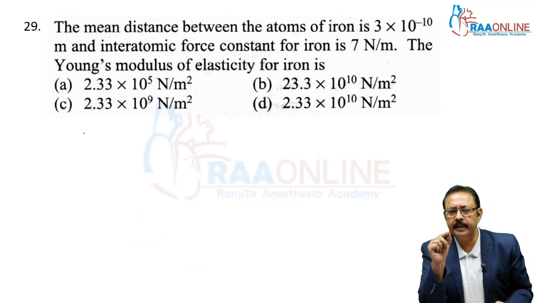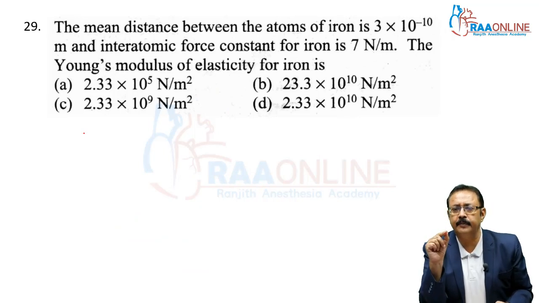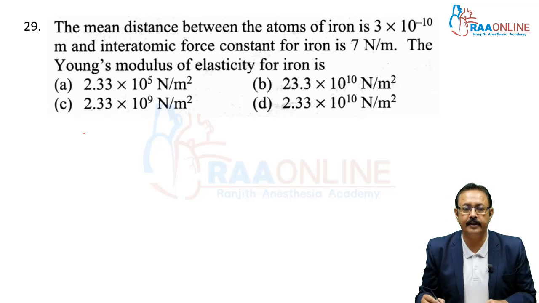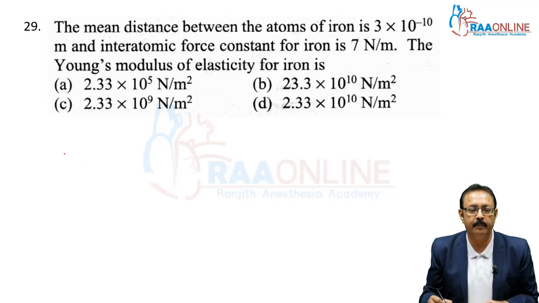Next, the mean distance between the atoms of iron is this, and the interatomic force constant for iron is this. The Young's modulus of elasticity for iron is? What is happening in a wire when you are applying a force? Actually, atoms are arranged in a wire like this. Imagine one cube, and at each vertex one atom is there.